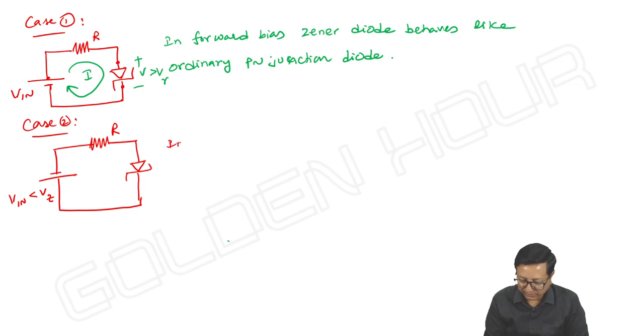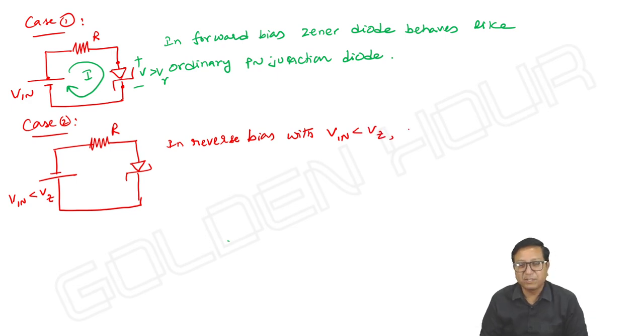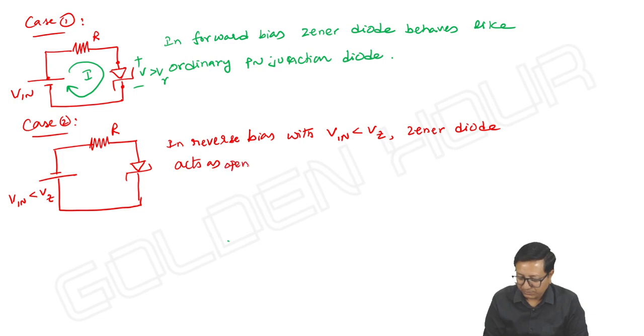So in reverse bias, with V input less than Vz, Zener diode simply behaves like open circuit, or acts as open circuit.